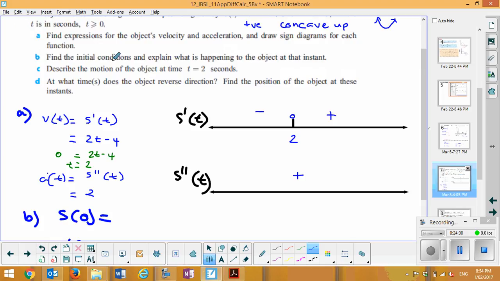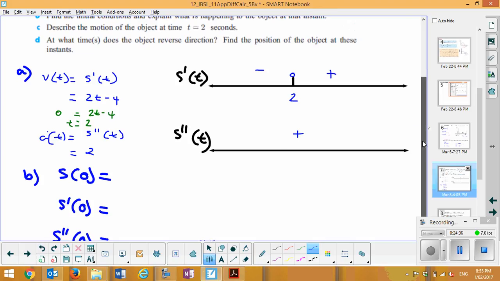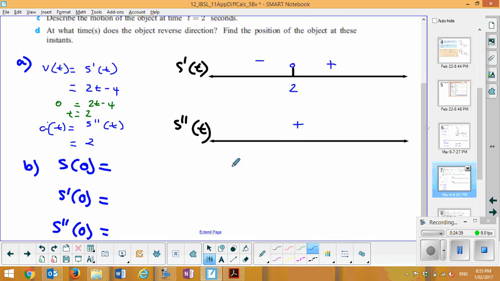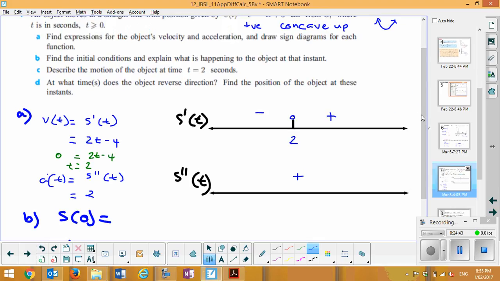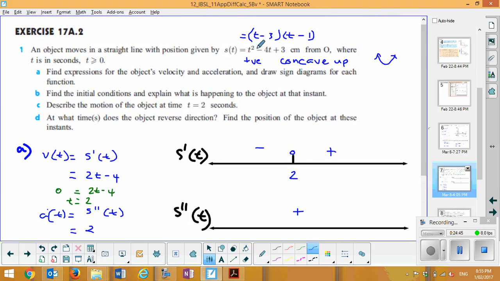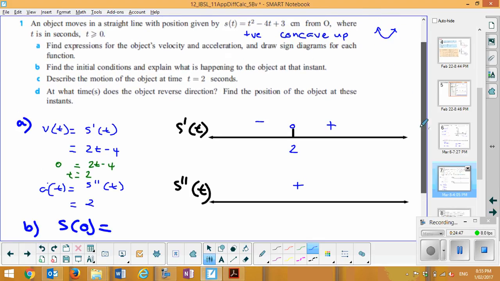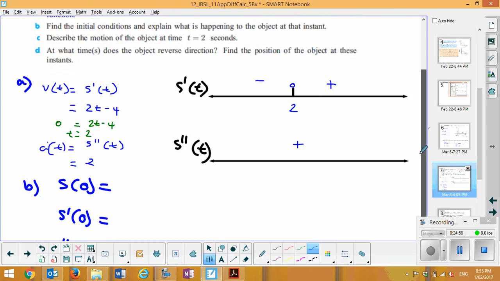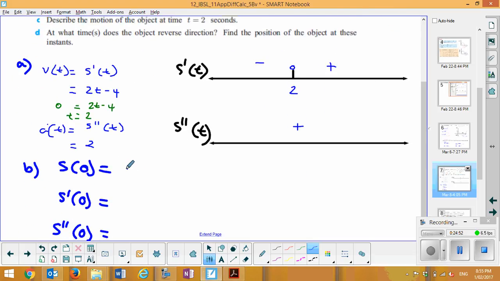Next thing, find the initial conditions and explain what's happening to the object at that instant. So if we want to do that, what's s of 0, the displacement when t is 0? If we substitute that back into our equation, we've got 0 squared minus 4 lots of 0 plus 3, which equals 3.